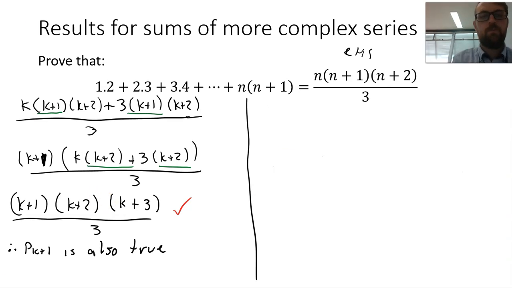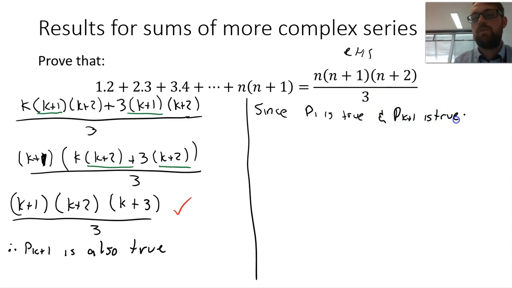So I'll just clear some room. So since p of 1 is true and p of k plus 1 is true, actually I'm going to rewrite that.